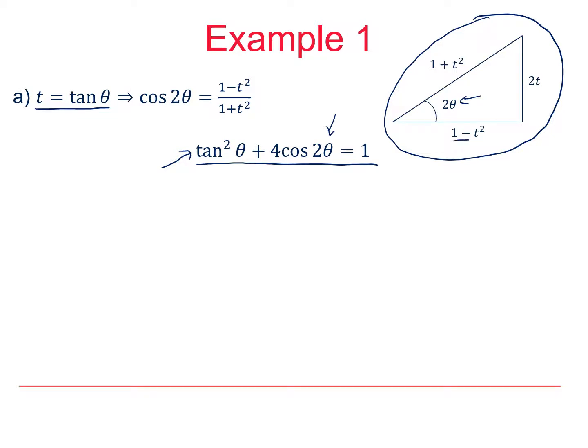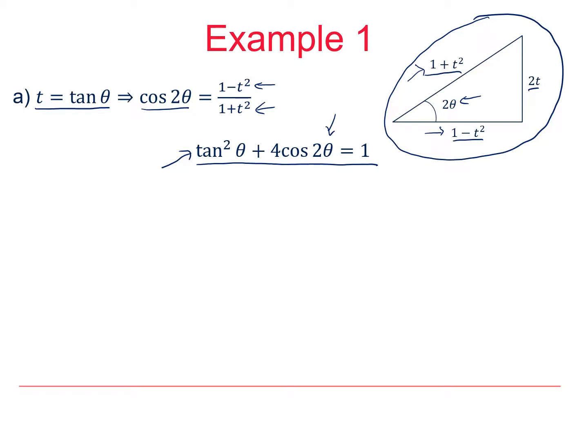So the adjacent is 1 minus t squared, the opposite is 2t, and the hypotenuse is 1 plus t squared. And so you can see cos 2 theta is going to be adjacent over hypotenuse. So 1 minus t squared over 1 plus t squared.